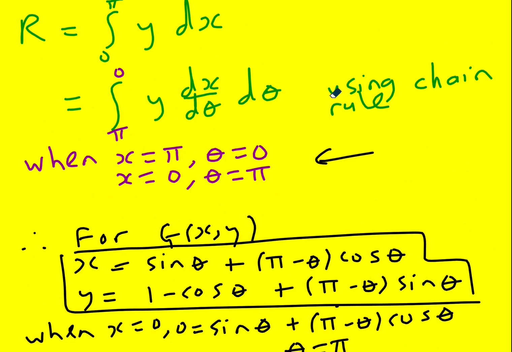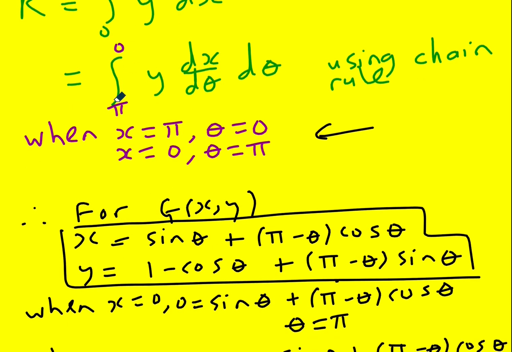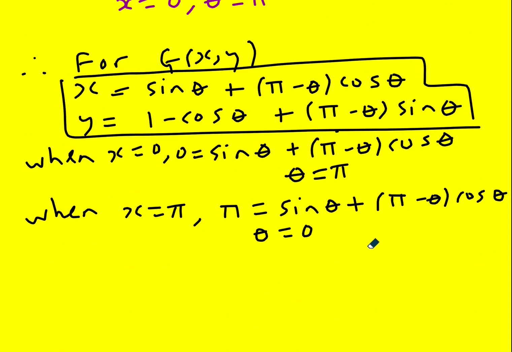Now we just need to do this integration. So I've got my limits, I've got my y, I just need to work out dx by d theta. And that's going to be cos theta plus, and then I'm going to have to use the product rule on this. So I'll call this u and this v.